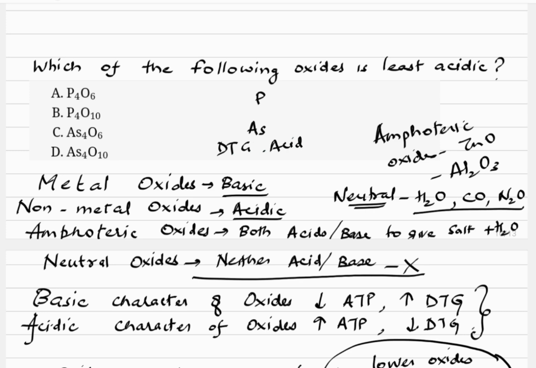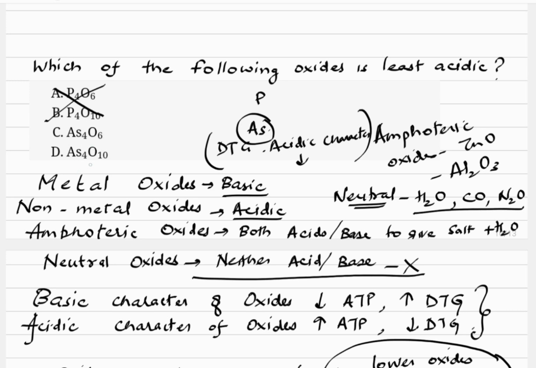Down the group, the acidic character of the oxide would decrease. Okay, so arsenic's oxide would be less acidic than phosphorus oxide. That means these two can be ruled out as the answers.